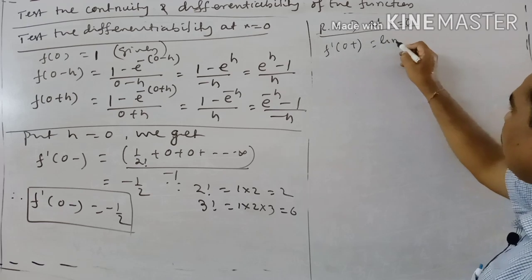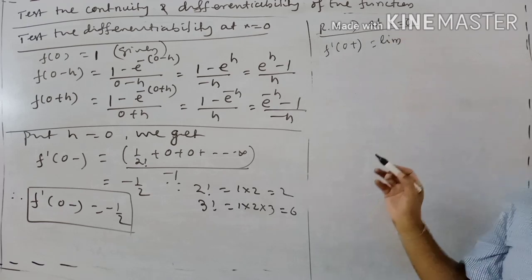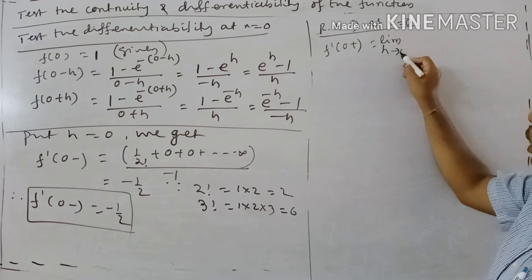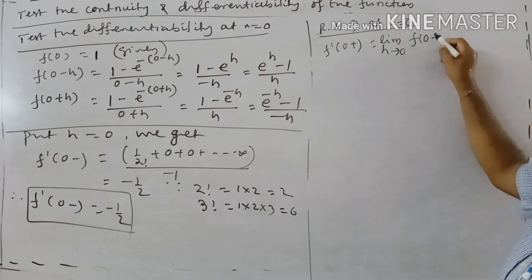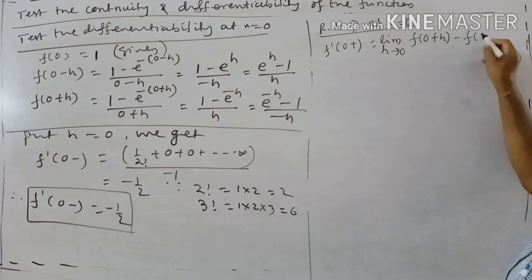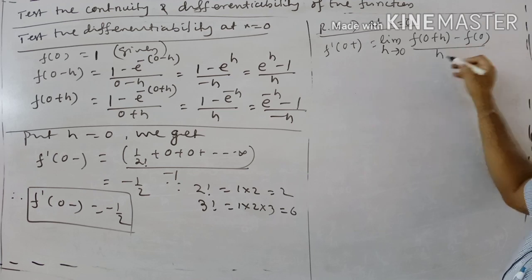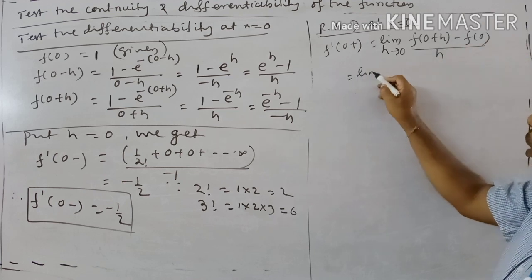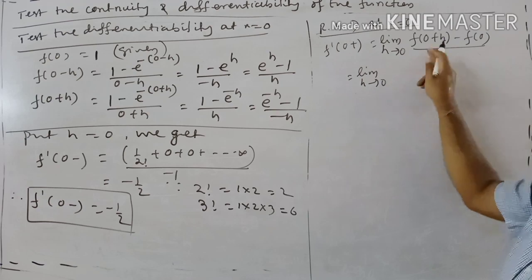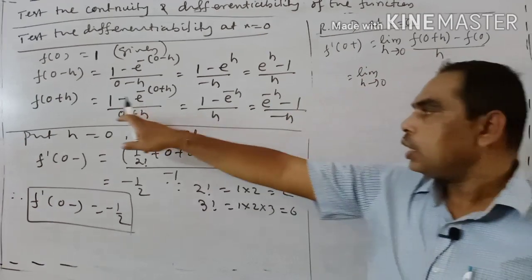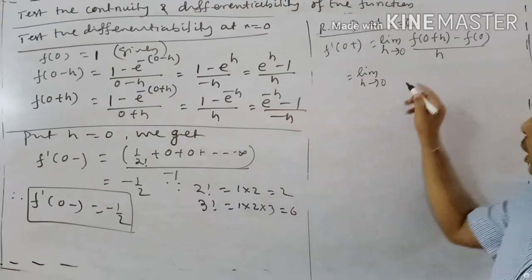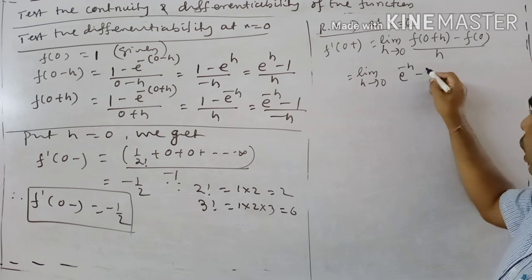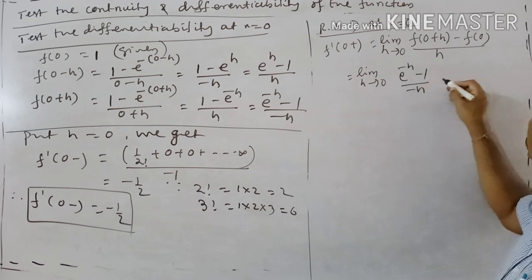What is the formula? Limit h tends to 0 of f of 0 plus h minus f of 0, divided by plus h, is equal to limit h tends to 0. What is f of 0 plus h? f of 0 plus h is e to power minus h minus 1 divided by minus h.